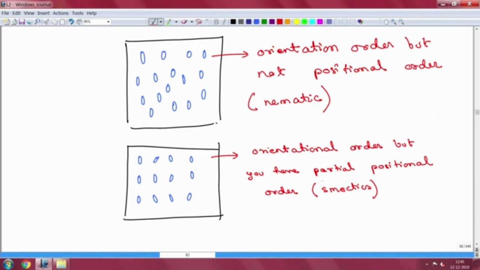Usually the partial positional order comes from slight positional order in one of the dimensions, but in the other two dimensions that positional order is not there, the distribution is random. Okay. So, this is a cross section in a dimension where the partial positional order is there, but let us just remember that in the other two dimensions it is not there.